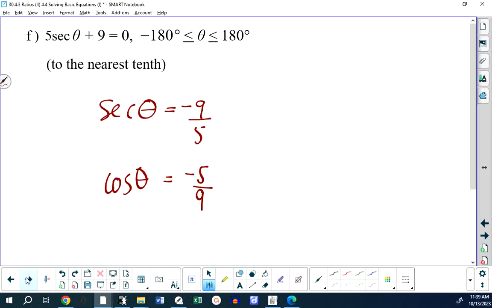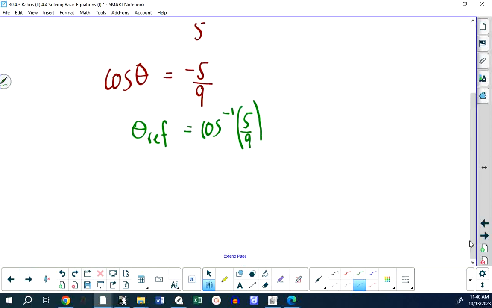Subtract 9, divide by 5, take the reciprocal and write it as cosine. Can everybody please find the reference angle, which will be the inverse cosine of 5/9, and let's just round it to the nearest tenth right away. 56.3. 56.3 degrees.